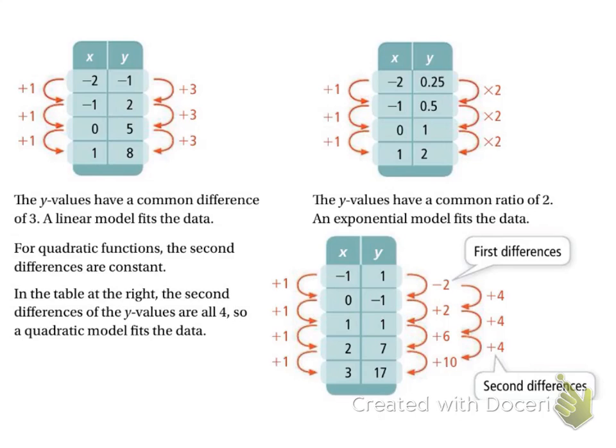So if we look at linear, we are adding by the same amount each time. Okay? If we look at exponential, we are multiplying by the same amount each time. And now if we look at quadratic, this is the one where it looks a little crazy, okay?